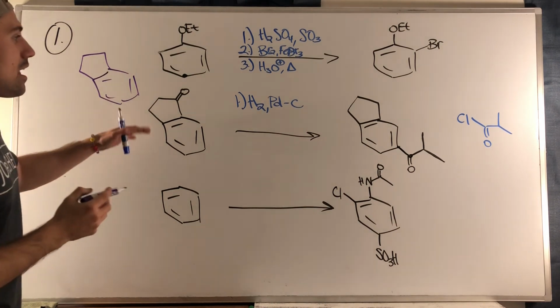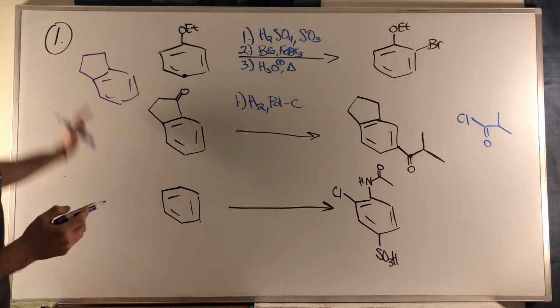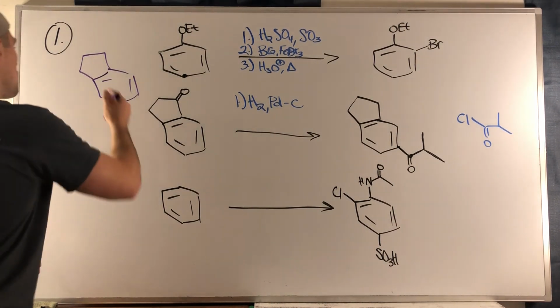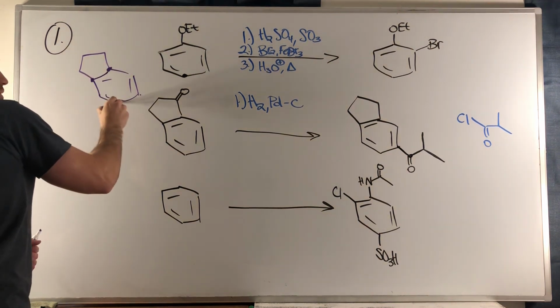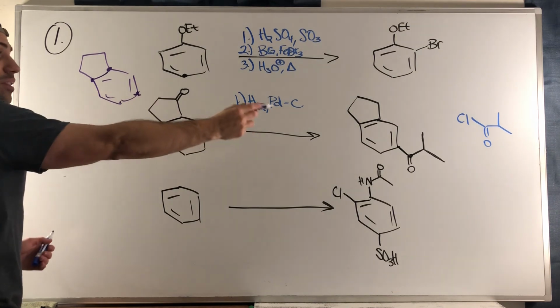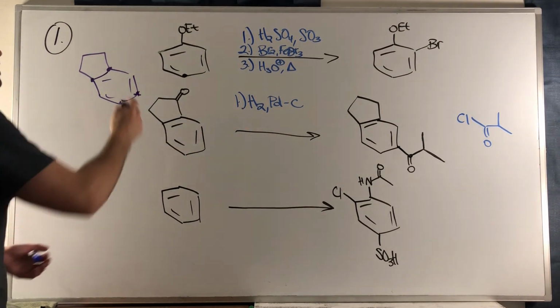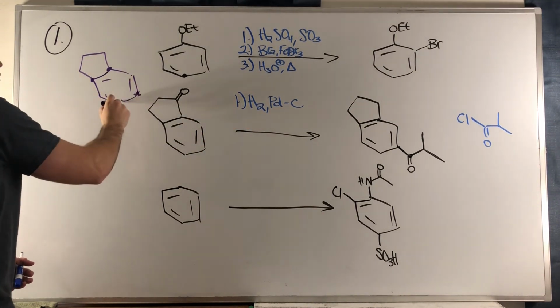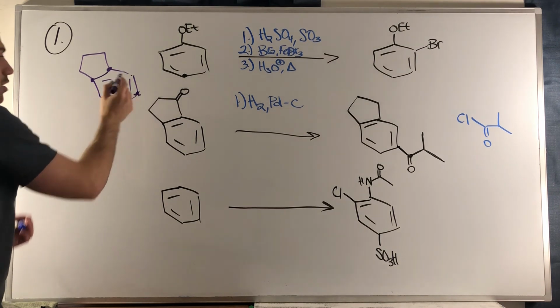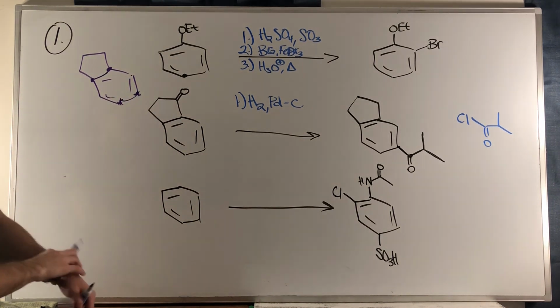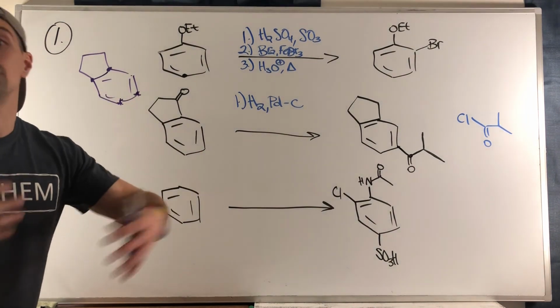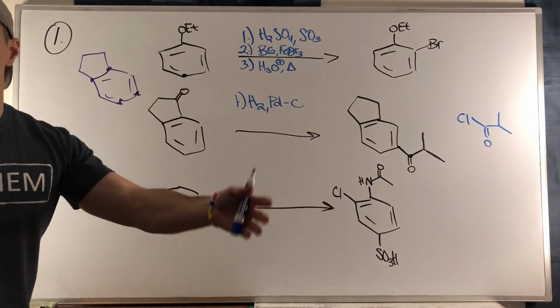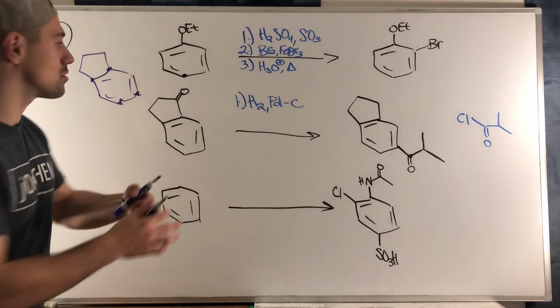And if we gauge directing-wise what we have available to us, we have two ortho-para directors, 1, 2, 3, 4, which is what we see over there, but we have symmetry here. So even if you were counting 1, 2, 3, 4, these two positions are equivalent. So really, this is just a simple problem: do your Friedel-Crafts acylation, then the reduction, because you'll lose that carbonyl as well.